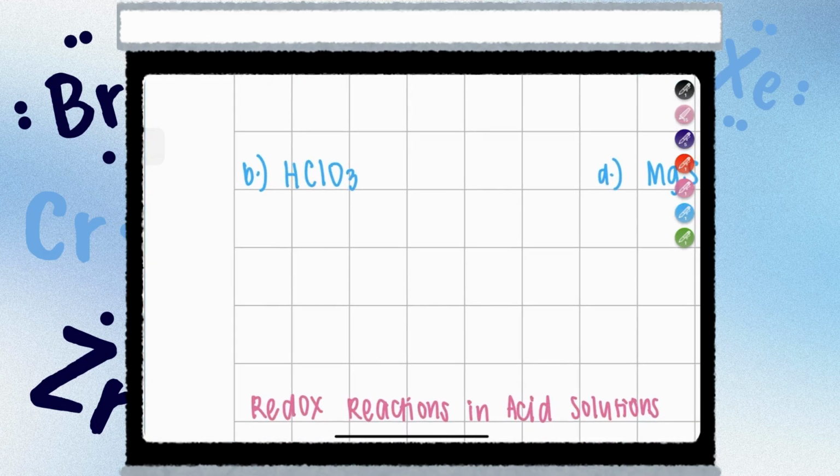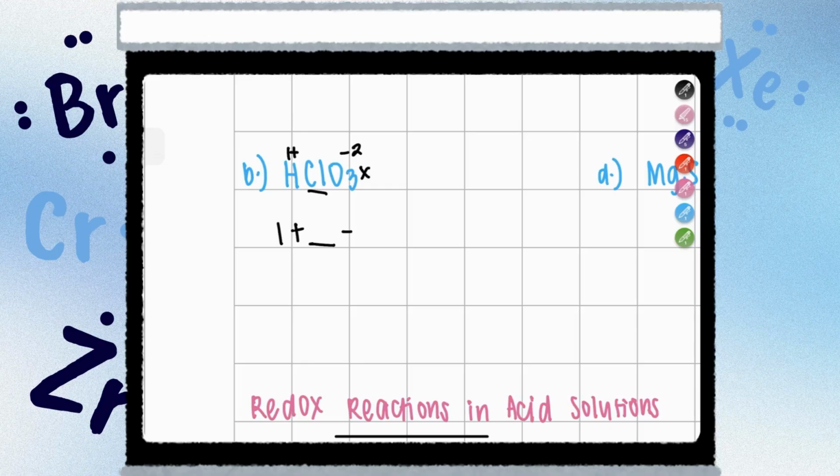Next, we have HClO3. So we are looking for the oxidation number of chlorine. So H is always 1. Its oxidation number is always 1. So positive 1 plus X. Then the oxidation number of oxygen is always equal to negative 2. So here, we have negative 2 times 3.